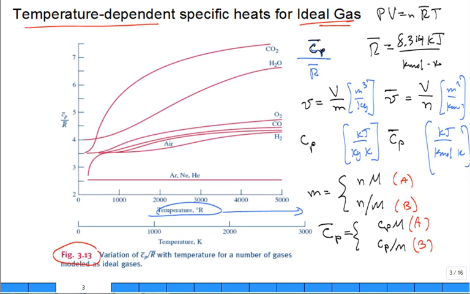I'm given C sub P. I want to calculate C sub P bar. Do I multiply by big M or divide by big M? Okay, didn't give you a lot of time, right? Let's take a look.